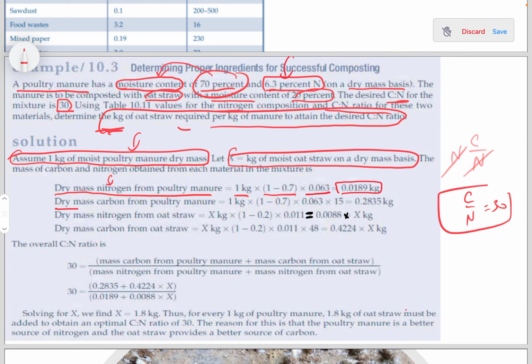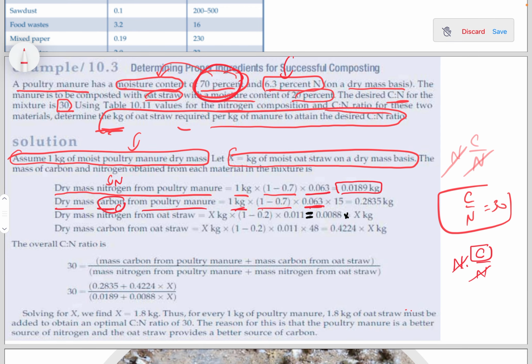Let's look at the dry mass of carbon from the poultry manure. It's 1 kilogram times 1 minus 0.7 to make it dry, times carbon. Here we have nitrogen, so we'll do nitrogen times C over N in order to get the carbon.